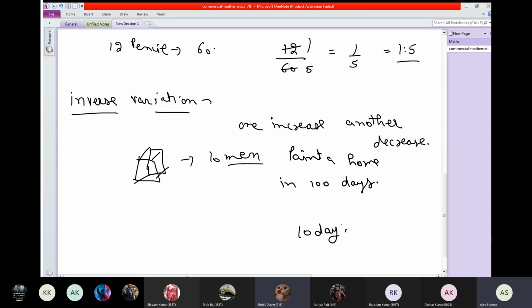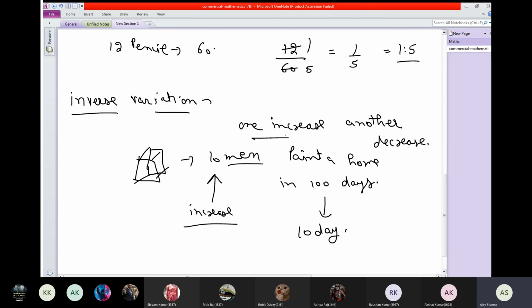Sir, 100 men needed. I have to increase the number of men. Yes, sir. Days to decrease, so men to increase. Yes. To decrease the days, I have to increase the number of men, the number of persons or labor. That is the inverse.